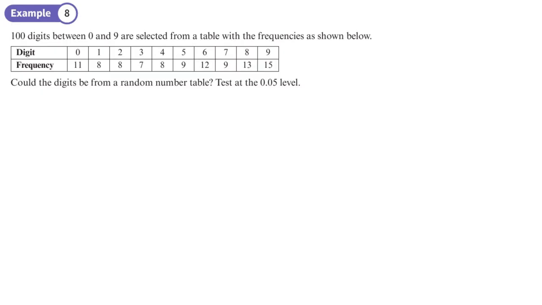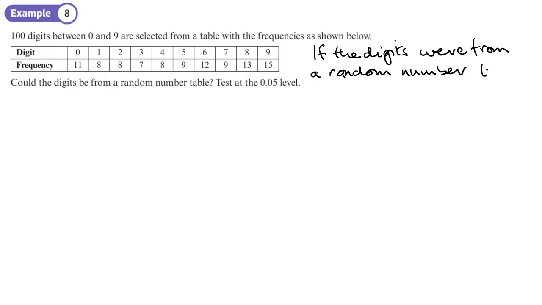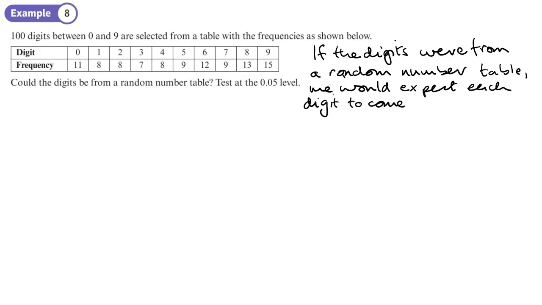Right, so the first thing is, if the digits were from a random number table, we would expect each value, or each digit, to come up around 10 times.